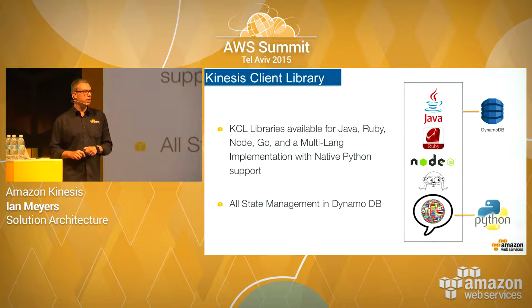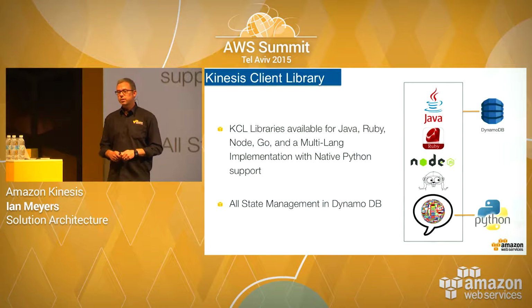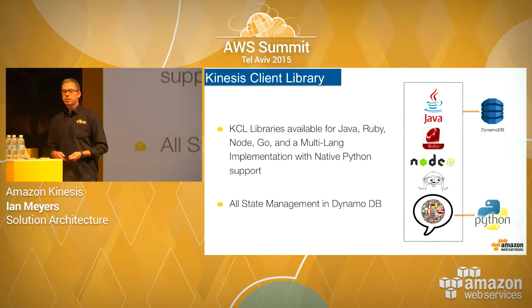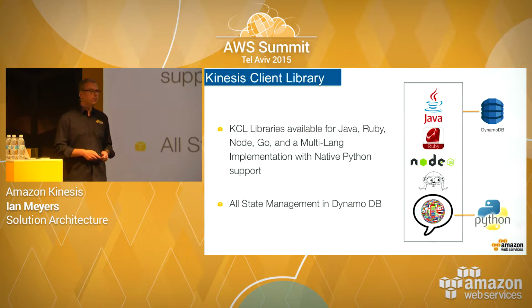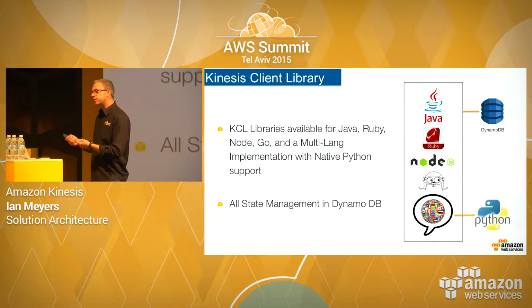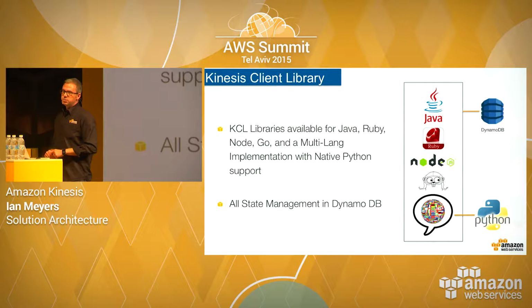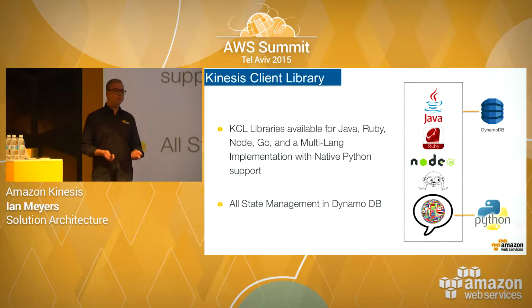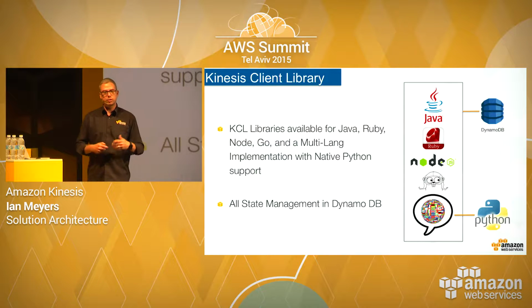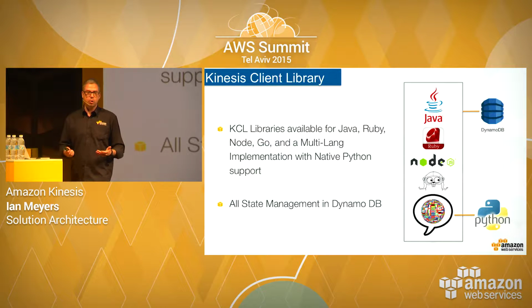And the idea of the multi-language environment is that we can never keep up with all the possible languages that our customers want to use. So instead, let's make working with Kinesis streamed data extremely pluggable. So you can run the multi-language daemon, and it has specific bindings and examples for Python, but you can actually plug in anything you want. You could use bash, you could use shell commands of any type to process your data. You could use COBOL if you want.